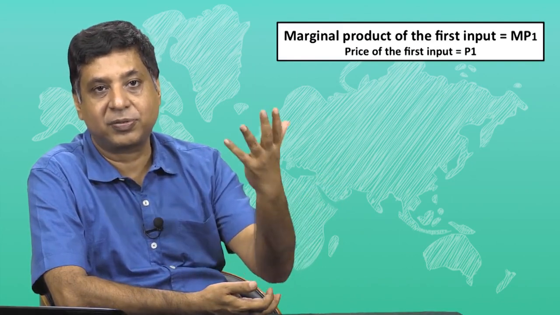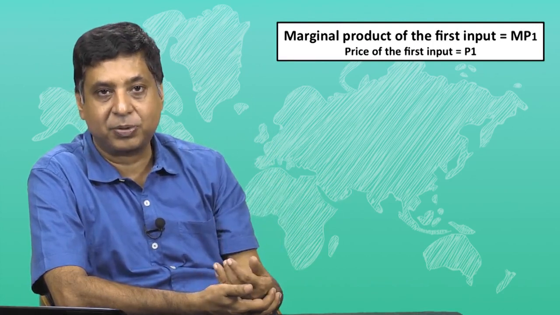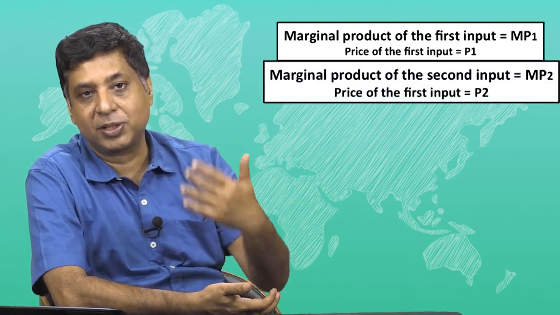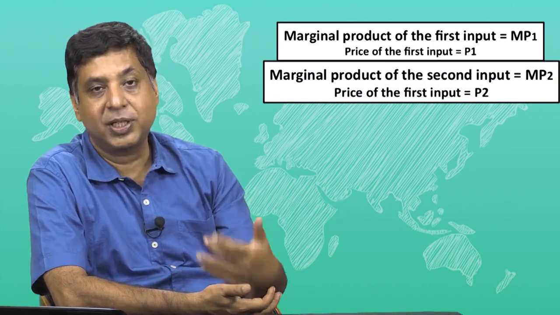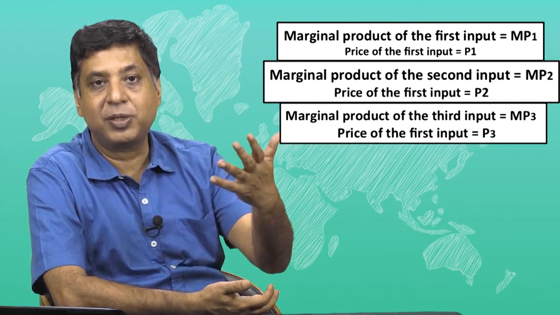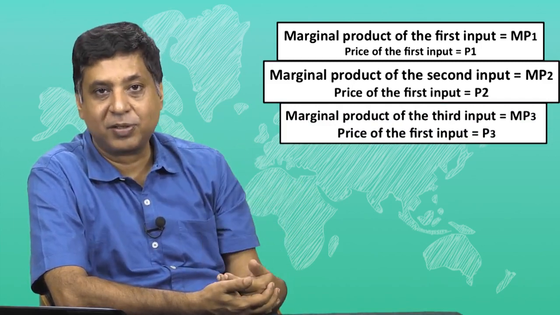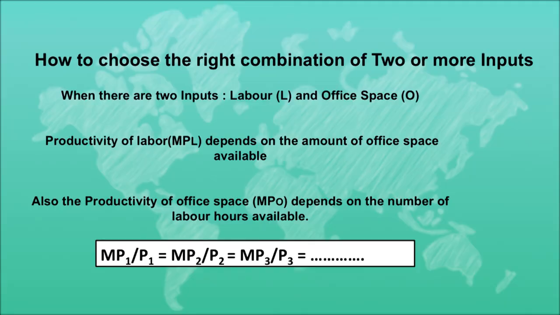So in fact, if you have multiple inputs, say three, then just like before, the marginal product of the first input divided by the price of the first input should be equal to the marginal product of the second input divided by the price of the second input, should be equal to the marginal product of the third input divided by the price of the third input, and so on.